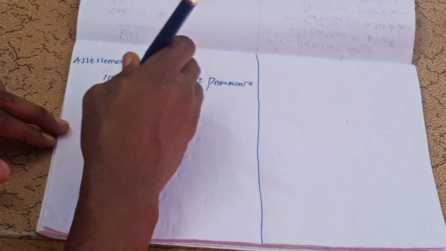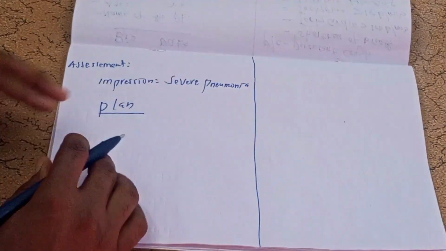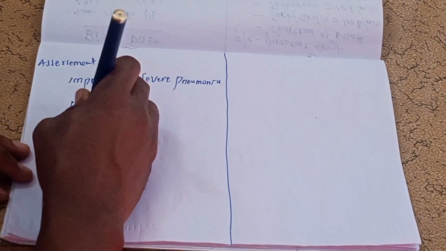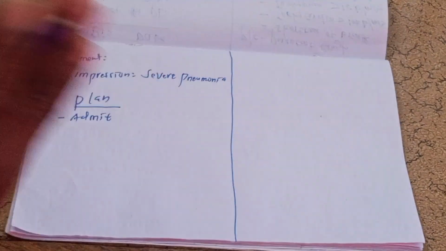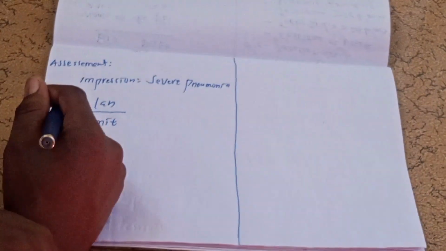Then we go for the plan. In the plan, this is the last step whereby you are going to treat the patient. Then what you do, for example, admit. If it is a young person, you admit to the pediatric ward. If it is an adult, you can admit him to the adult ward.